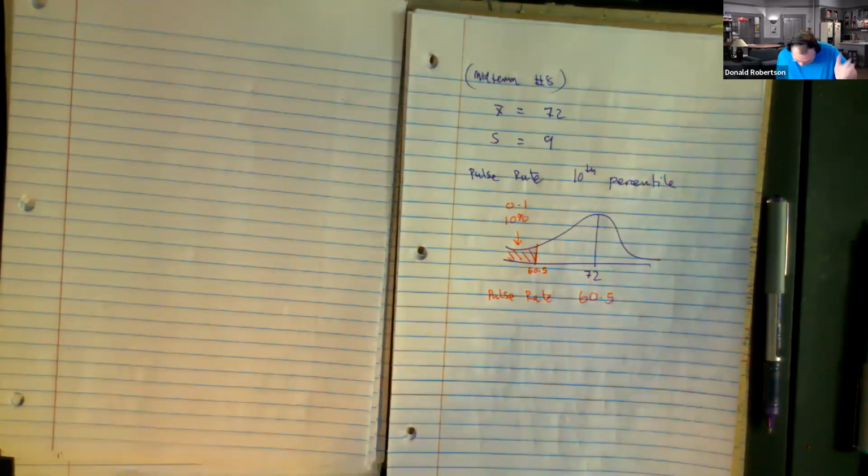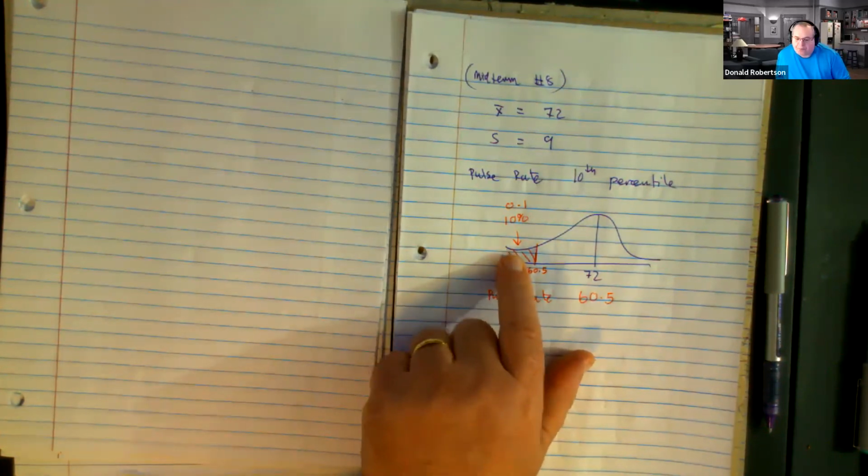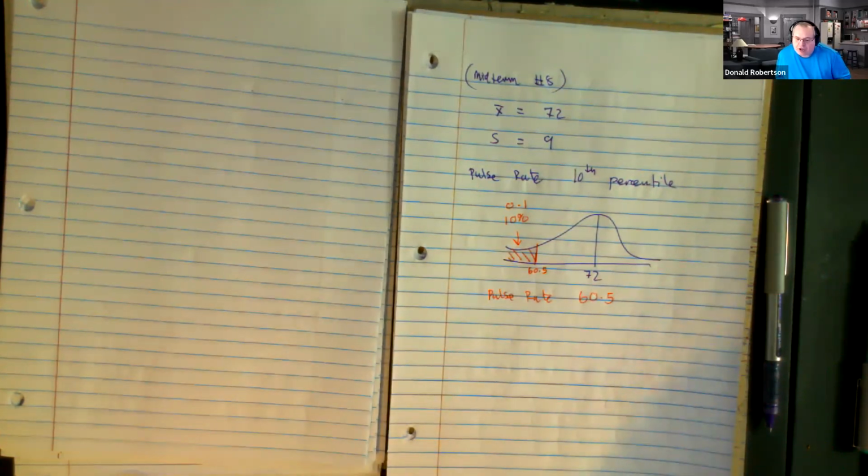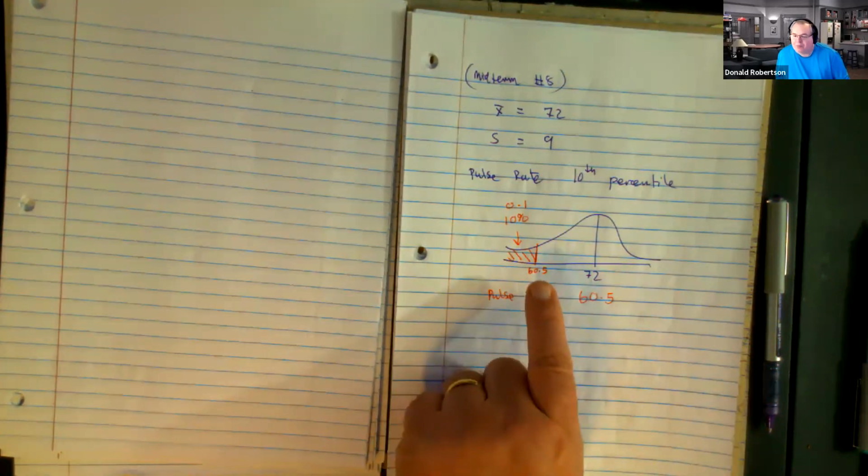And that might mean, if it was a doctor that was interested in this, that if you are in the 10th percentile, your heart is beating really slowly, right? Now that might be some concern to them, right? It's actually strange. It depends on the person whether that's a bad idea.